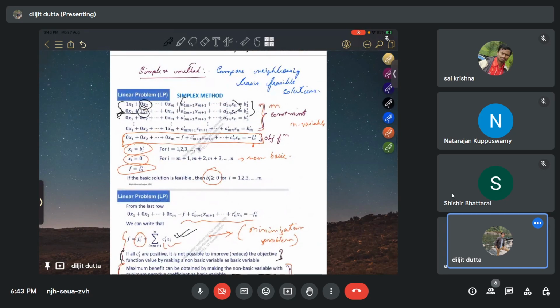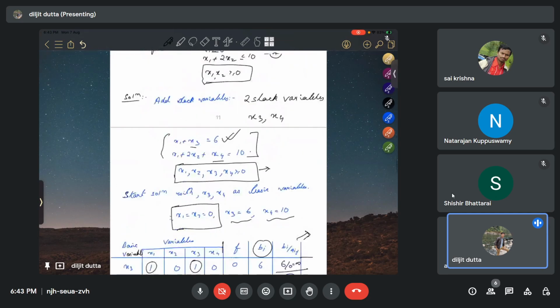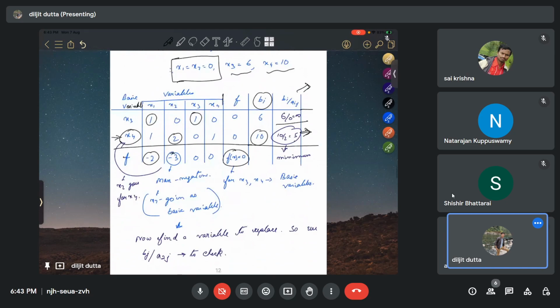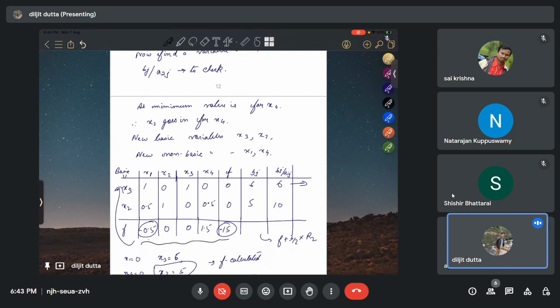Here also, you can see that the objective function is a function of non-basic variables. The coefficient of all the basic variables is 0 for the objective function. So you have to convert the value of x2 to 0 for the objective function also.